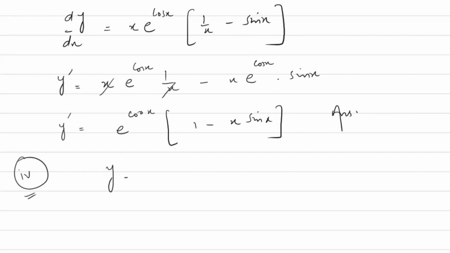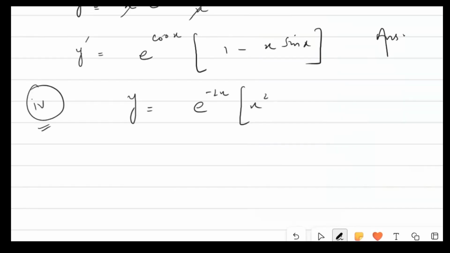In the fourth part, it is y is equal to e raised to the power minus 2x into x square plus 2x plus 1.